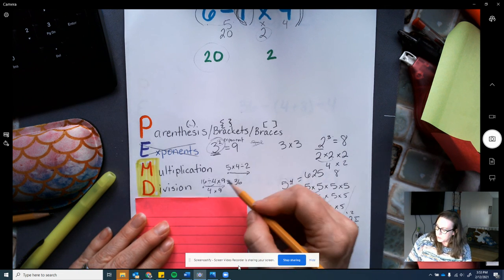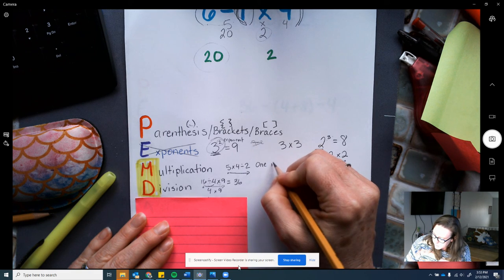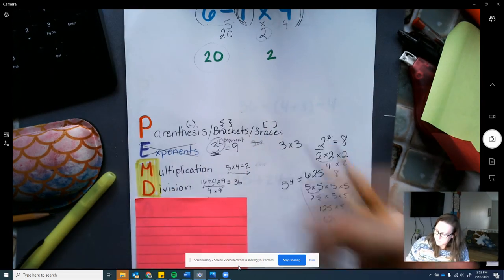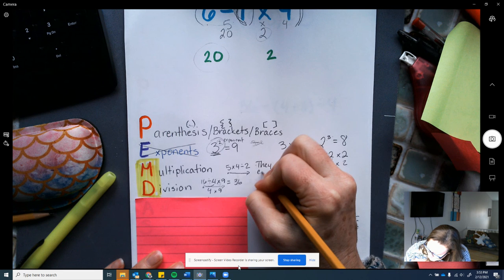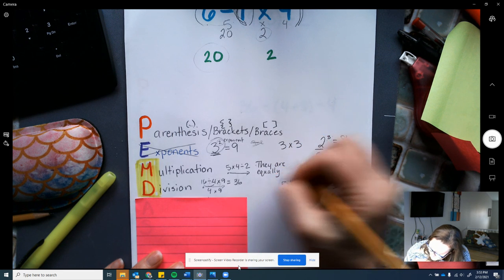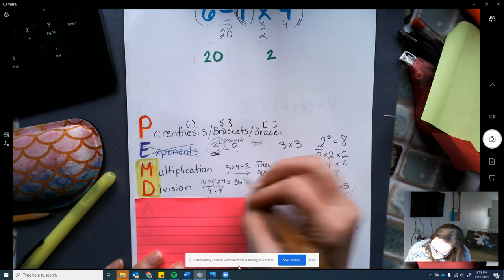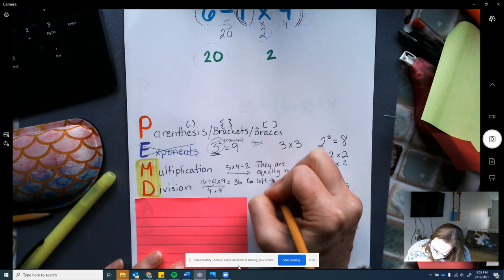Okay, so with multiplication and division, one is not more important than the other. I'm just going to say they are equally important. They are equally important. Go left to right, just like how we read.